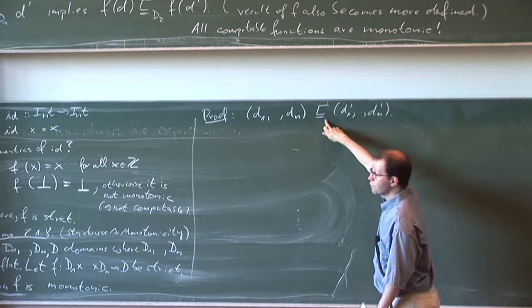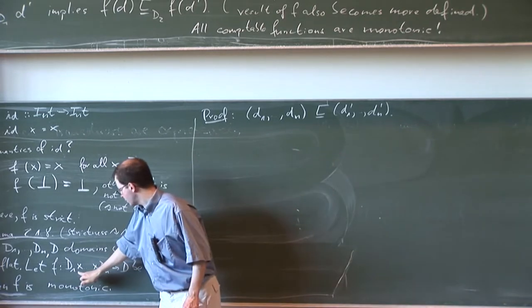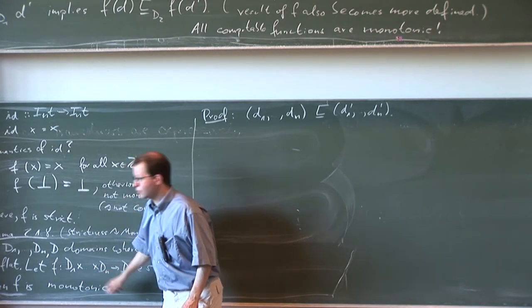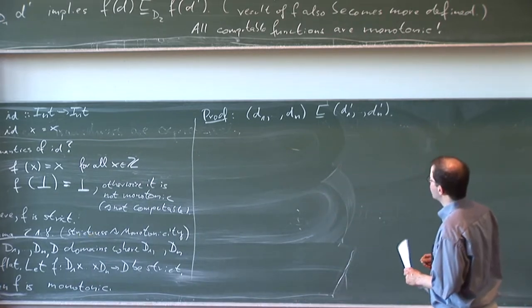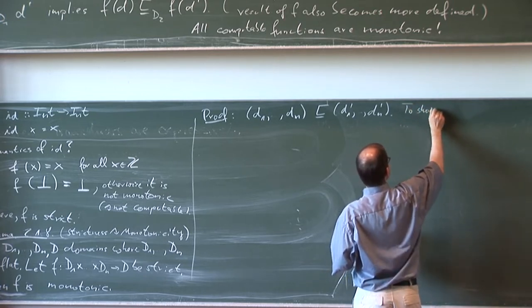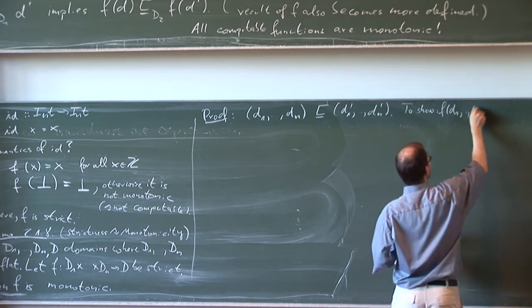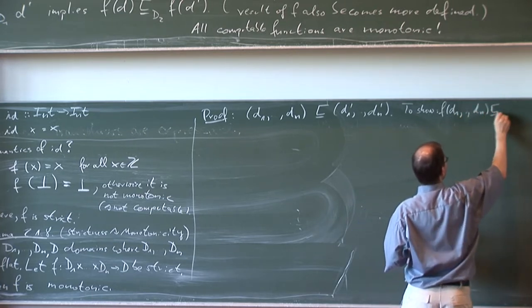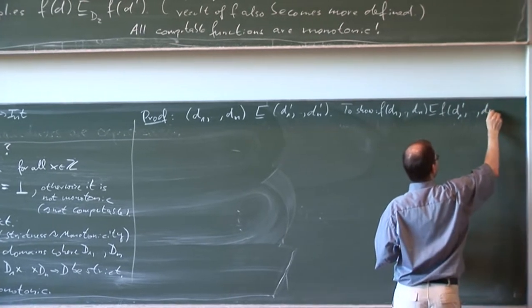So this is the less defined or equal relation on capital D1 cross capital D2 cross and so on capital Dn. So what we have to show is that then f of d1 to dn is less defined or equal than f of d1 prime to dn prime.